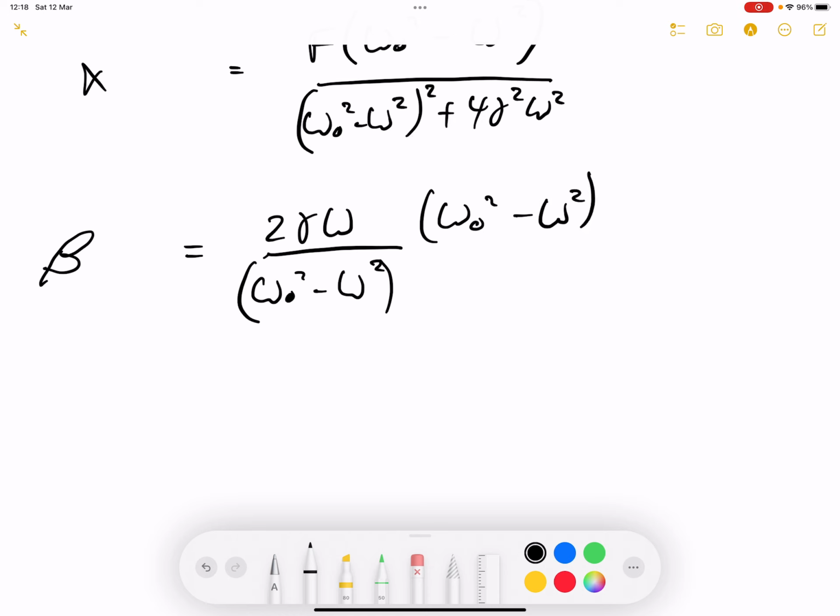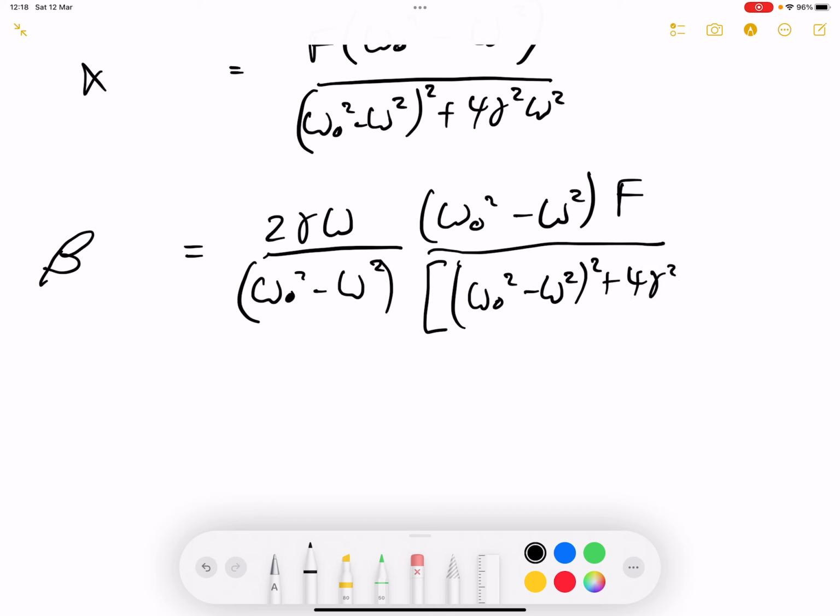You can see they're going to cancel. This is great. F divided by omega naught squared minus omega squared, all squared, plus 4 gamma squared omega squared.